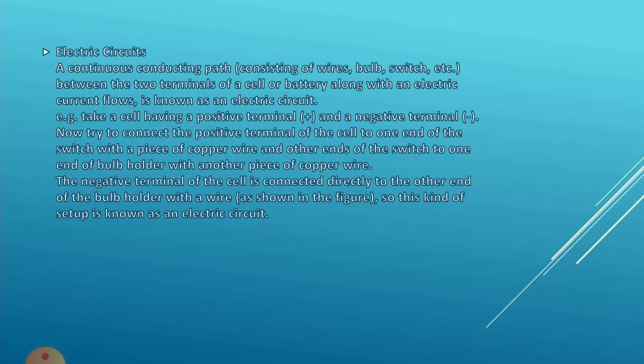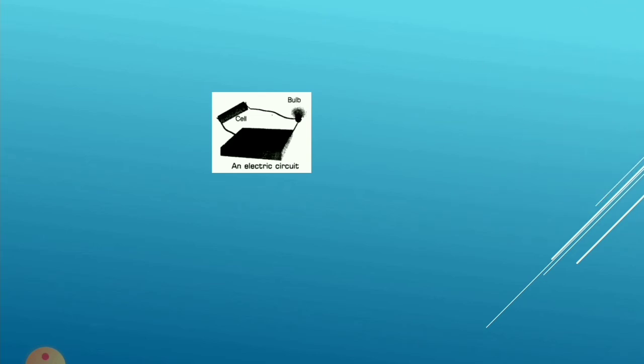The negative terminal of the cell is connected directly to the other end of the bulb holder with a wire, as shown in the figure. So this kind of setup is known as an electric circuit. Next, this is an example and a diagram of an electric circuit.